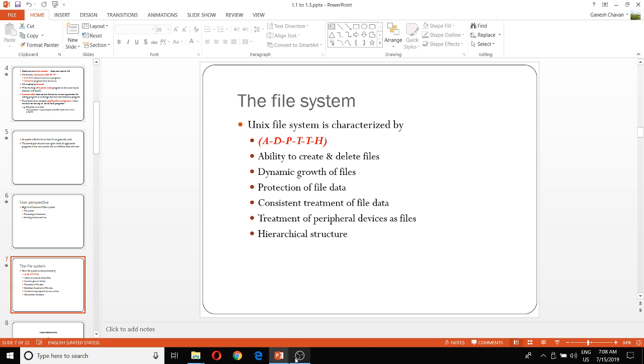A stands for ability to create and delete files, D stands for dynamic growth of files, P stands for protection of file data, then consistent treatment to the file data, treatment of the peripheral devices as files, hierarchical structure. All these features are very essential in Unix file system.